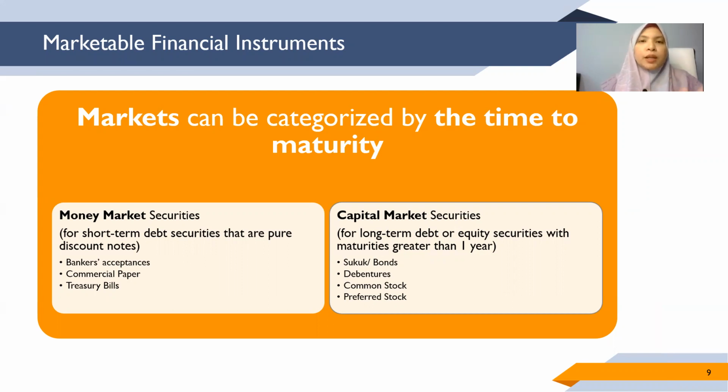The money market can be categorized by the time to maturity. The money market is for short-term debt securities that are pure discount notes, for example banker's acceptance, commercial paper, and treasury bills. However, the capital market takes longer, for long-term debt and equity securities with maturities greater than 1 year. For example, sukuk, debentures, common stock, and also preferred stock.